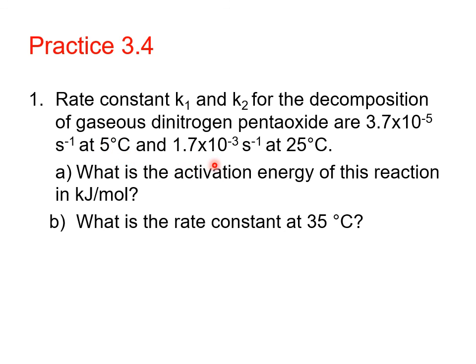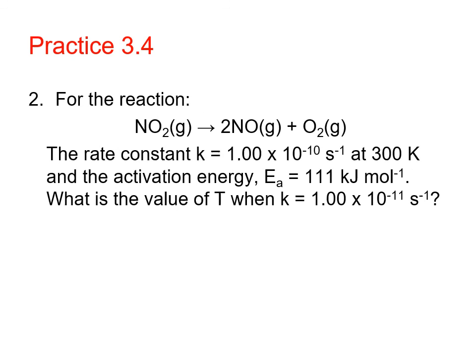And for k2, in your book it is 5, change it into 25. We want the activation energy to become a positive value. That's why we need to change the delta T here. This is question number 2. You need to find the value of T, so you can give it in Kelvin or degrees Celsius.